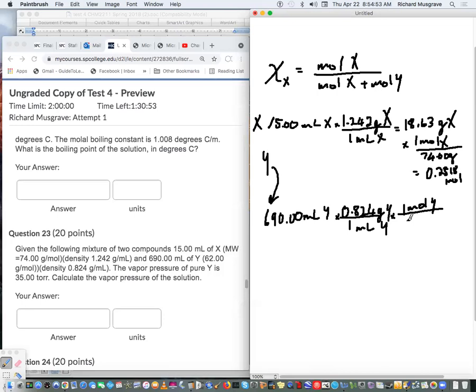And what have we got? 62.00. 619 times 0.824 divided by 62. And I get 8.227.